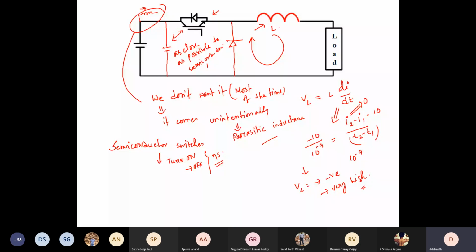Do you understand, or do you have any question here? See, if any unwanted inductance is coming here, this capacitor will be able to negate it. So basically, physically try to understand that between these two, there should not be any inductance, or it should be very, very less.